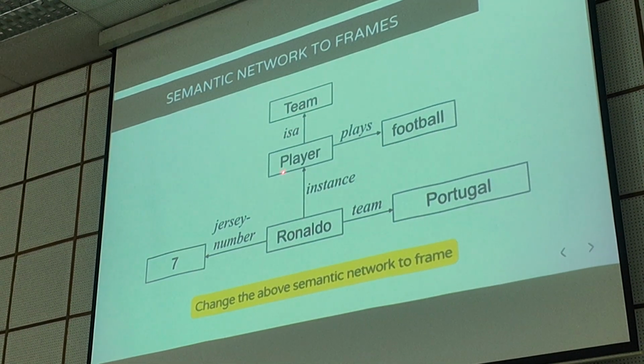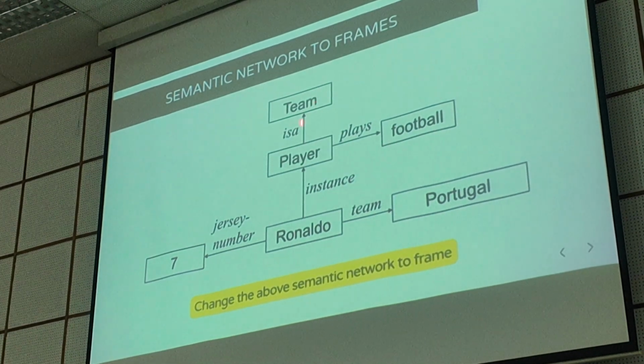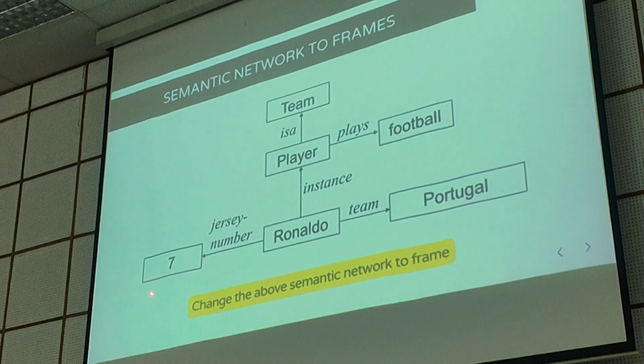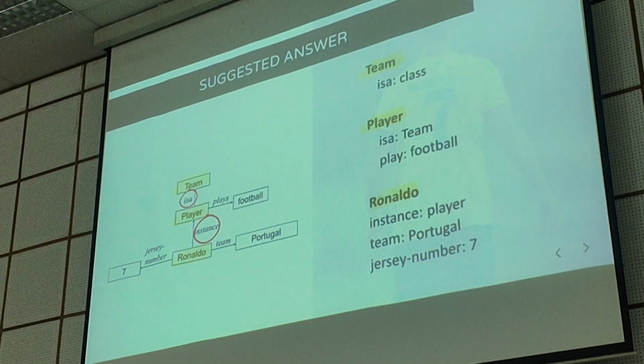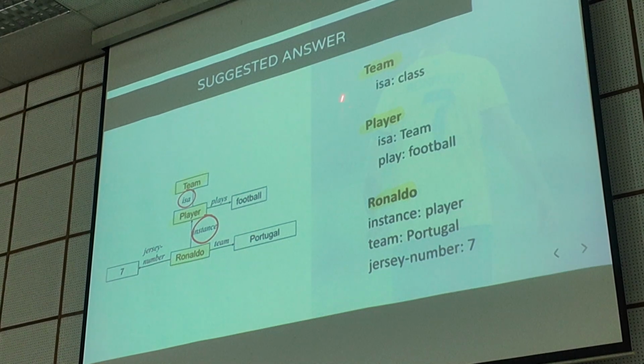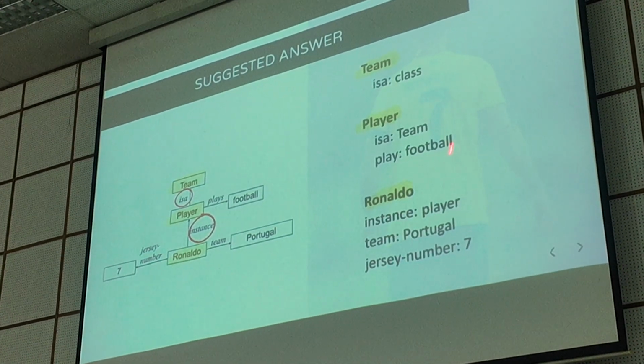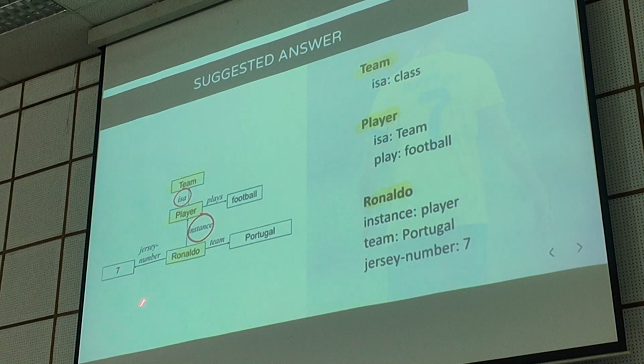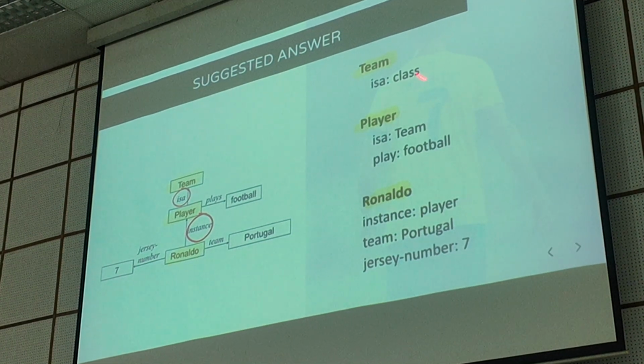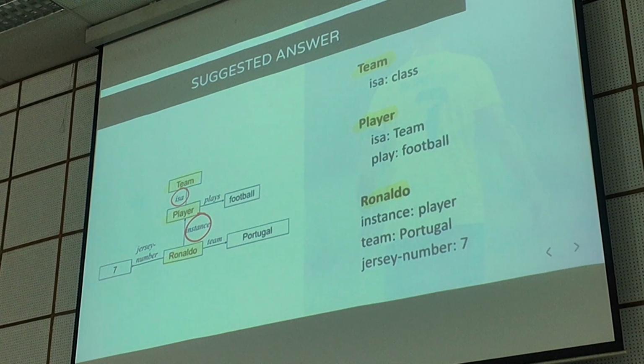So we have a team, joined to the player, joined to Ronaldo, so we can just create 3 frames to represent Ronaldo, player, and the team. The remaining items are just treated as the properties or the attributes. Then we can just convert. We have 3 frames here, team, player, and Ronaldo, and the remaining are just the values and the slots. That's it. This is how we convert the semantic network to frames.